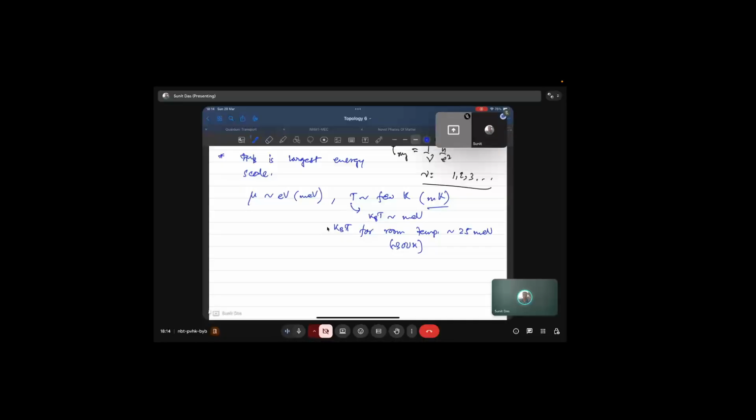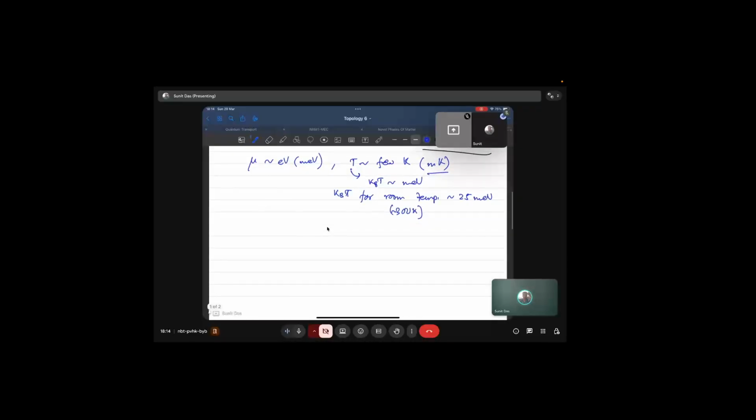So these are two important energy scales, and then in realistic samples you will always have some disorder, some dirt in the material, right? You want to make the device as clean and as perfect as possible, but practically there is always some level of disorder or impurity. What do we mean by disorder or impurity?